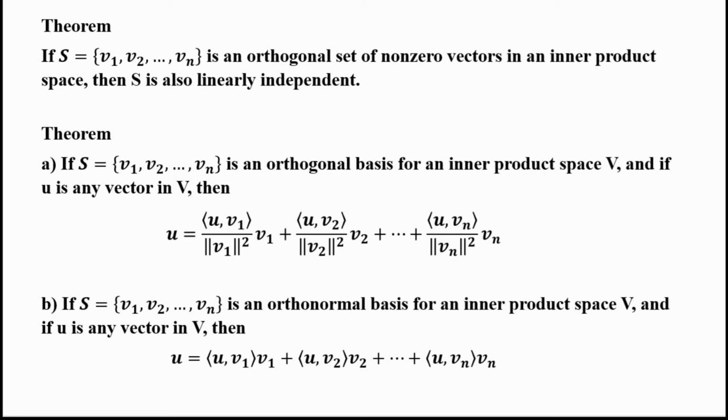Here we claim that S is orthogonal, consisting of non-zero vectors in an inner product space. Then S is also linearly independent. That's the cool thing about orthogonal vectors: if you have a set of orthogonal vectors, you get linear independence for free.